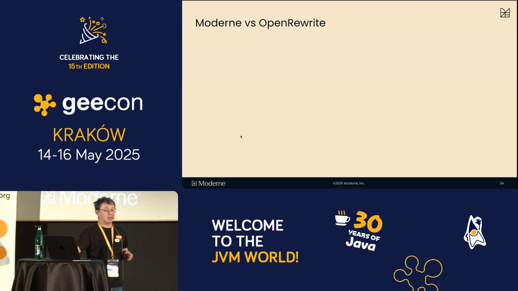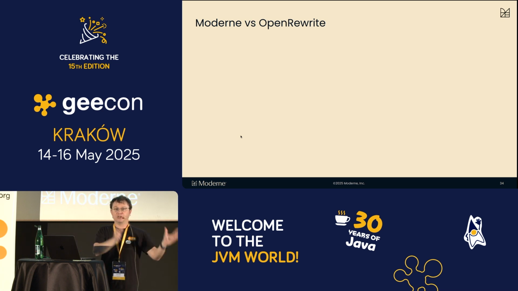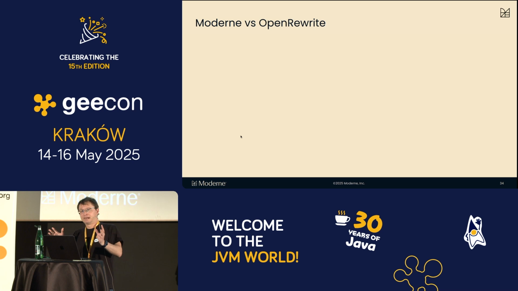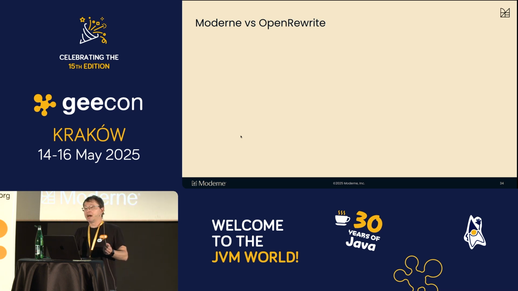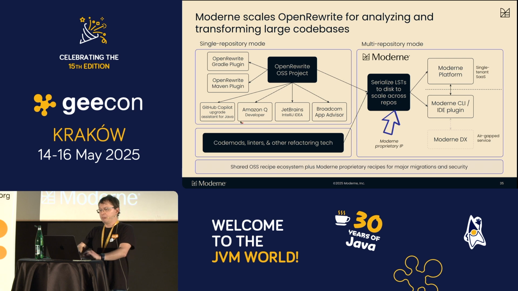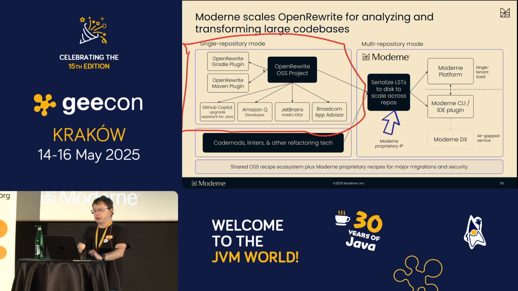So that's almost the end, but the last slide is about the difference between OpenRewrite, which is open source, and our company's Moderne platform. OpenRewrite is a completely open source project. You can use a command line tool, a Gradle plugin, or a Maven plugin.